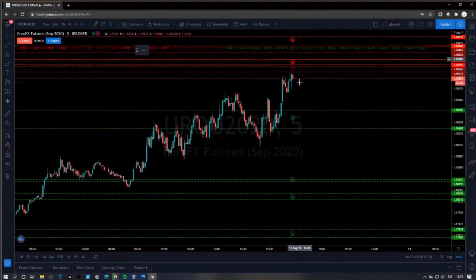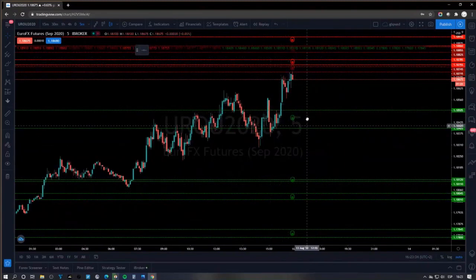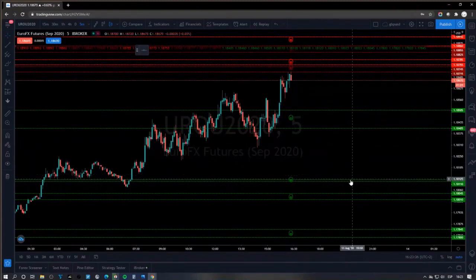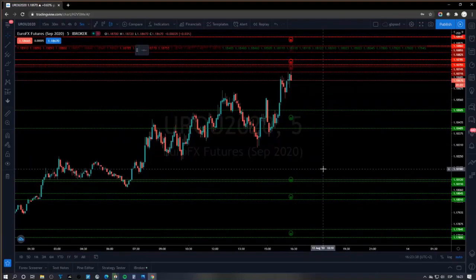And you can see here these red areas is where the indicator is telling me that there are selling areas on the top here and buying areas here on the bottom. So if we compare this to what we just did on the other chart, we can see, for example, this area.